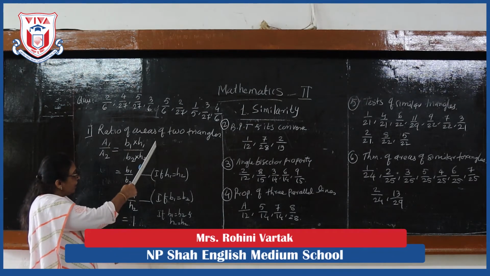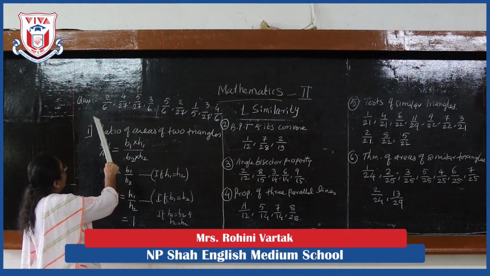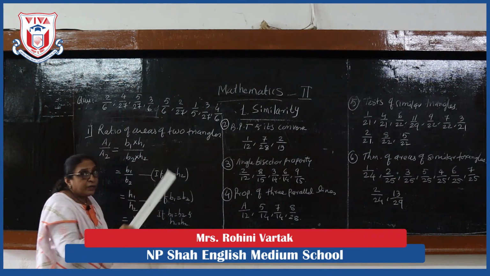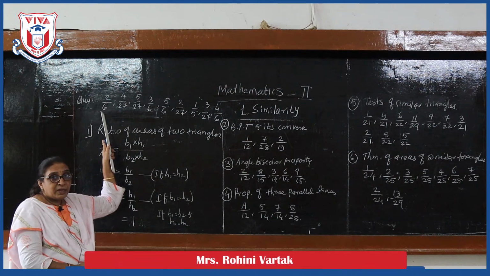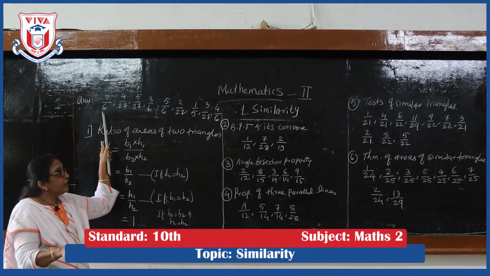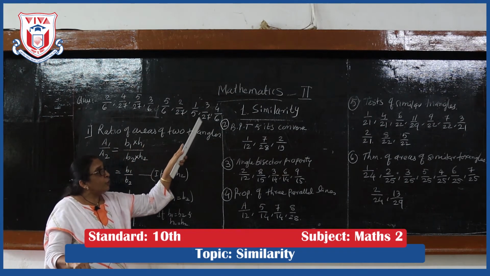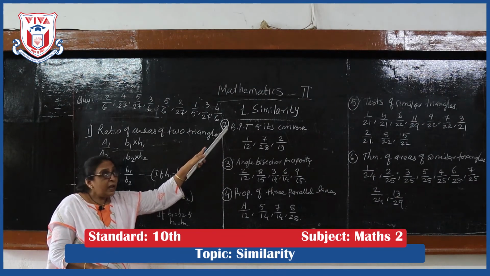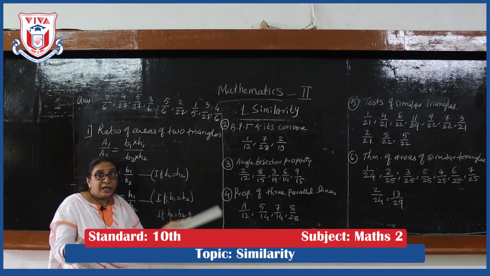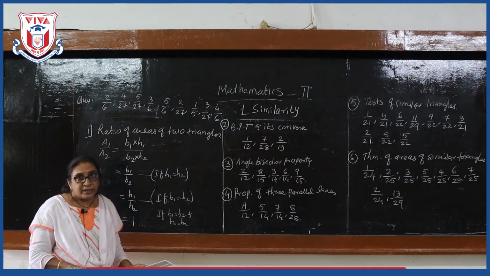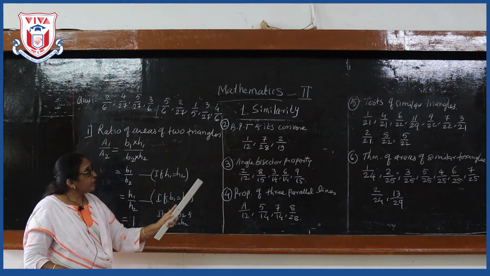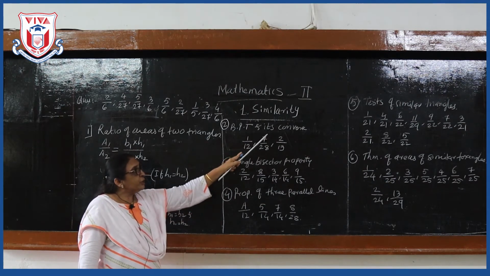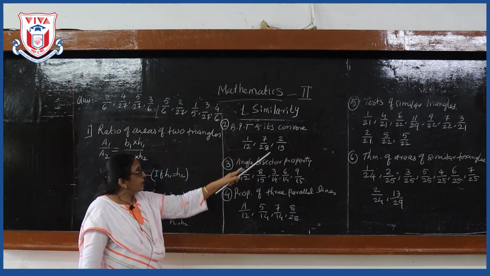So when you learn these properties, solve all the sums in this order, because at the beginning the simplest sums are given and the weightage goes on increasing. And the difficulty level also increases, and in that order I have given these numbers. In the same way, basic proportionality theorem and its converse.